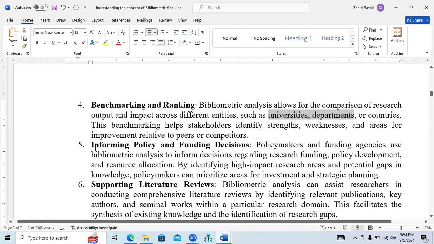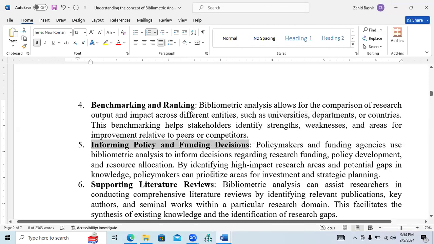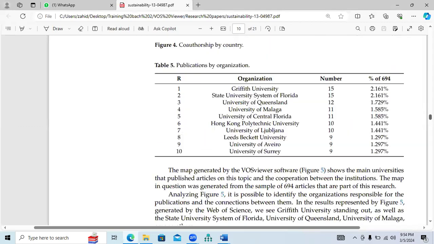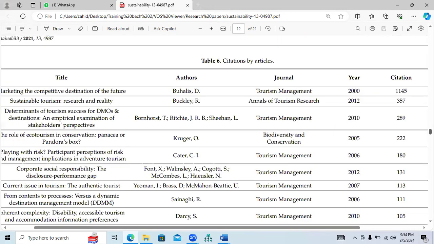Then informing policy and funding decisions. Most of these sources will also let you know which organizations are giving funding for a particular domain. This is the part I will explain when I collect data, because most of the time the paper does not let you know which funding sources you have collected data from.